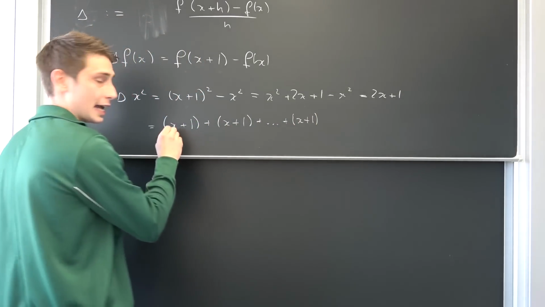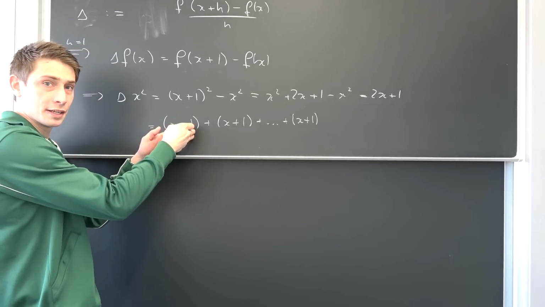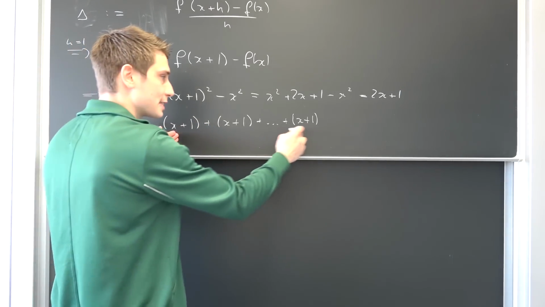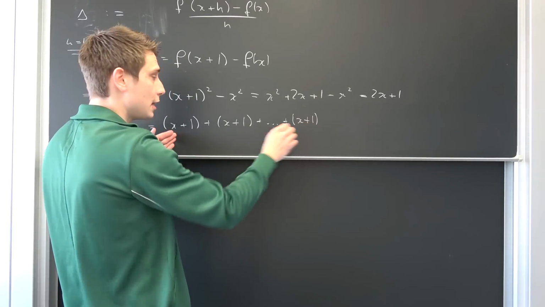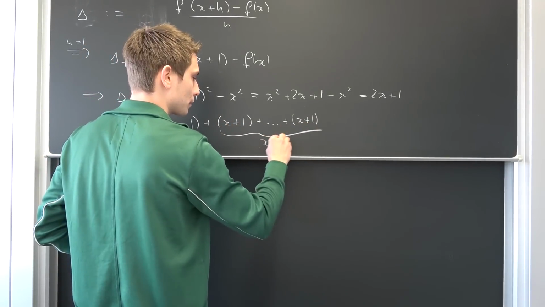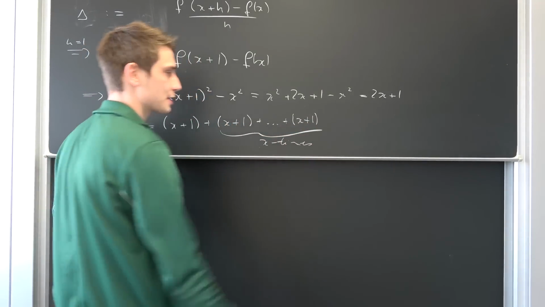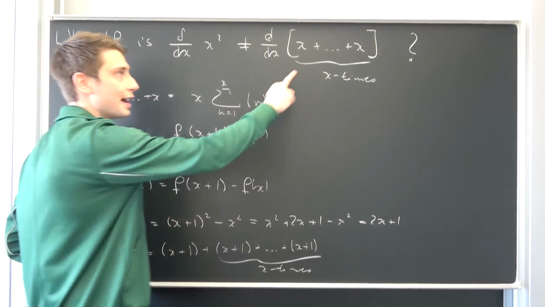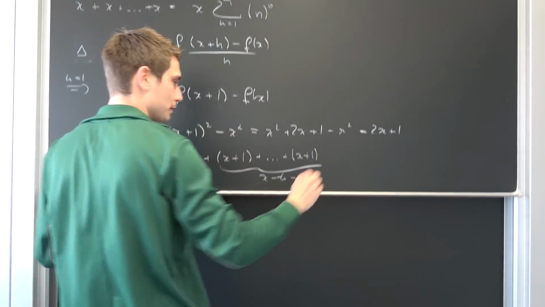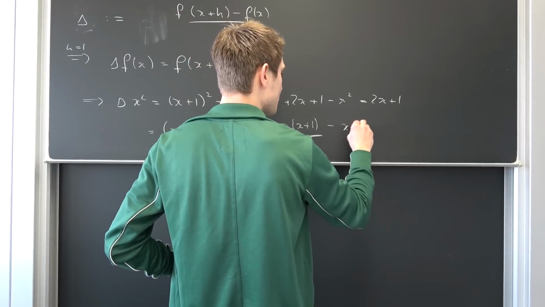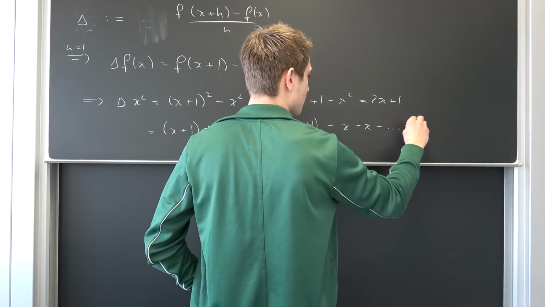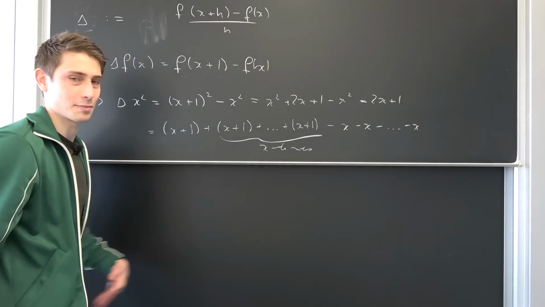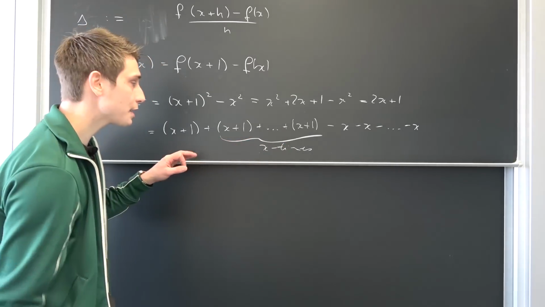And this x plus 1 times, meaning this is x plus 1 added to itself x times. Okay, just for clarification purposes. But also we have this other side, minus x added to itself x times. Minus x minus dot dot dot minus x. And this x times.